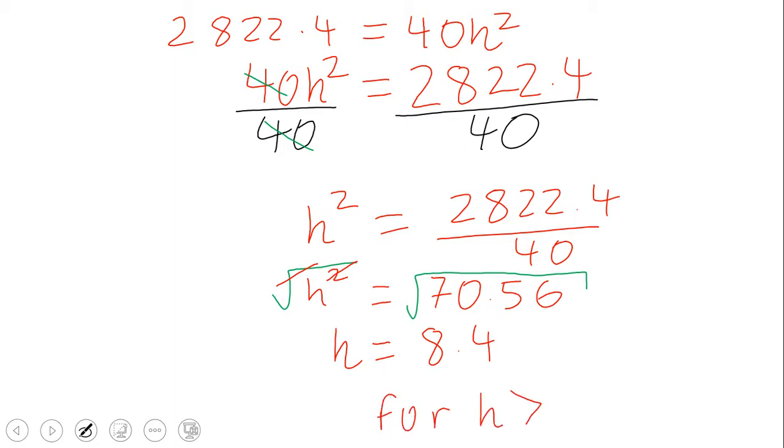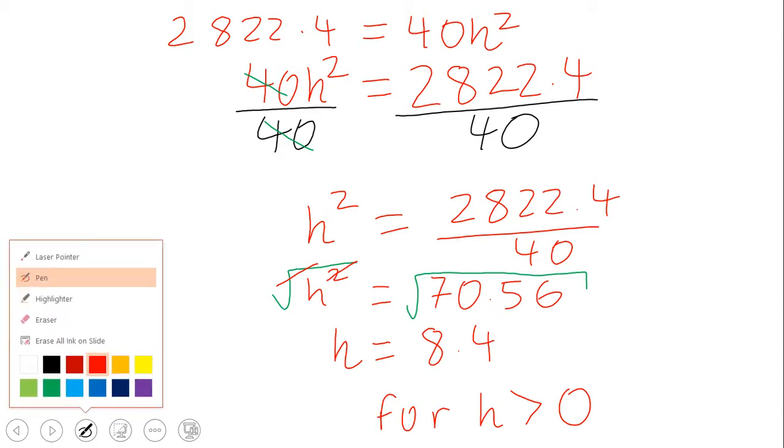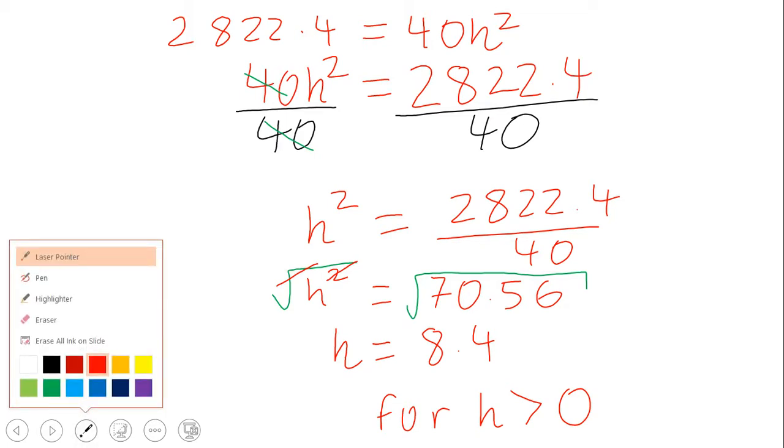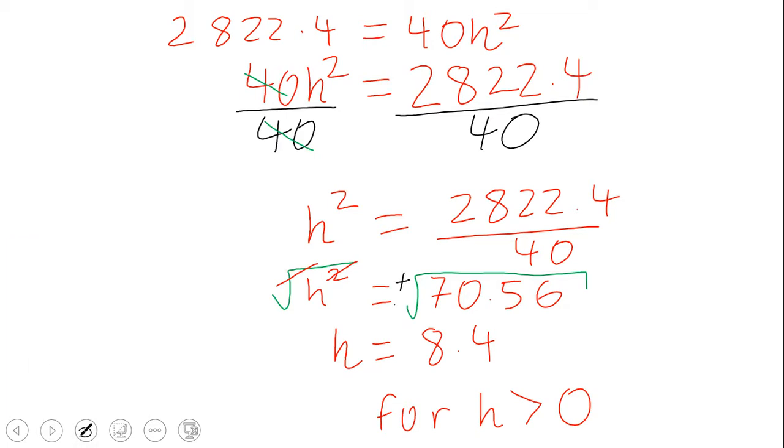Now we must bear in mind that this setup works for h greater than 0. Now, why is that the case? It's the case because here we are only dealing with positive values. Technically, we could have a negative, because when we take the square root of both sides, we're really supposed to do plus or minus.